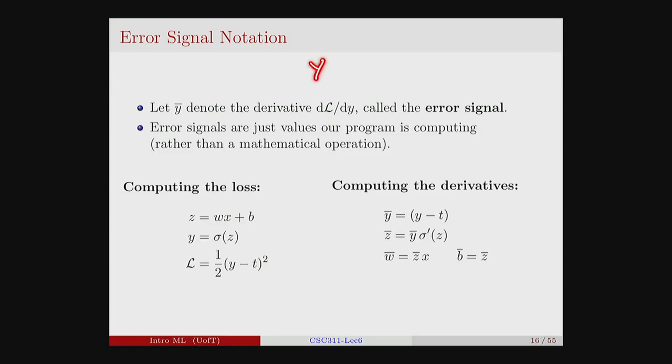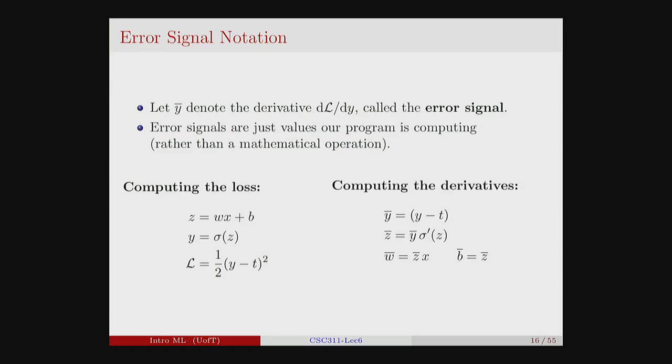I'm going to define y bar for any y as dl by dy, where L is the loss function that we care about taking gradients with respect to. Now, these are just mathematical values that our program is going to compute. And we're going to take a look at the process of applying the chain rule and see what it looks like when we use error signal notation.